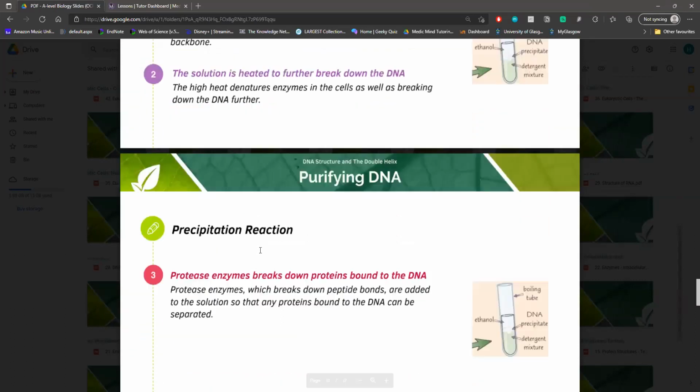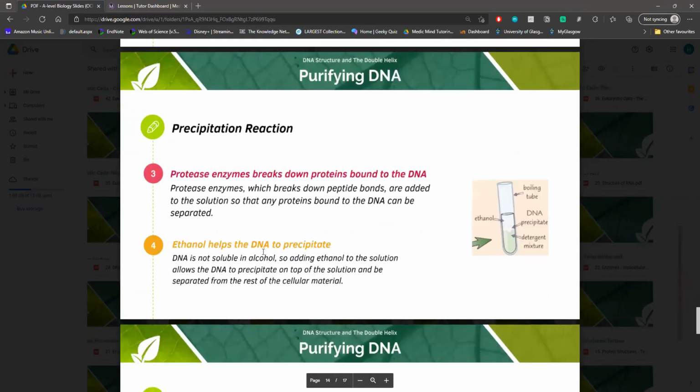Do you need to know this whole process? Yes, this is one of the practical experiments that you'll need to know for pretty much every spec. No, salt is used to neutralize the charge on the phosphate.